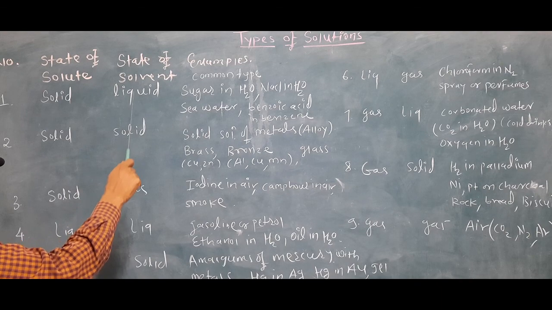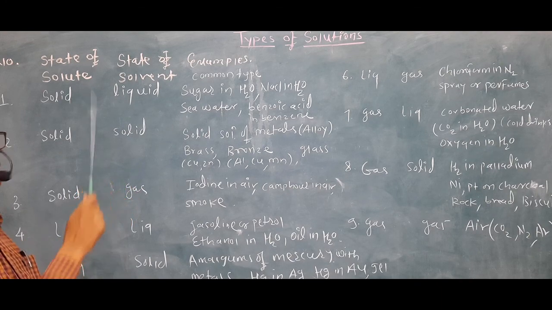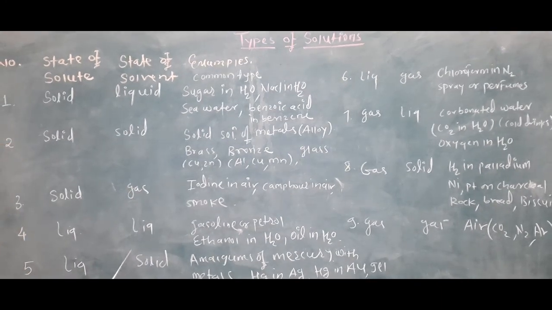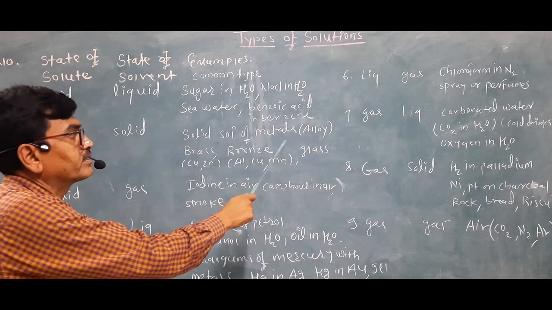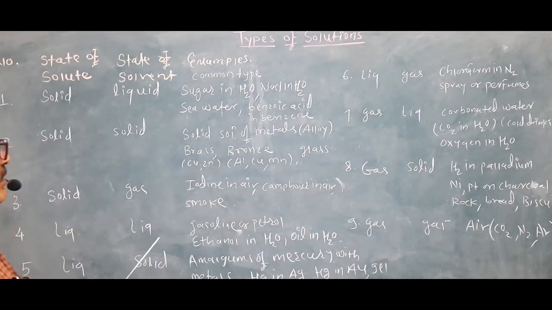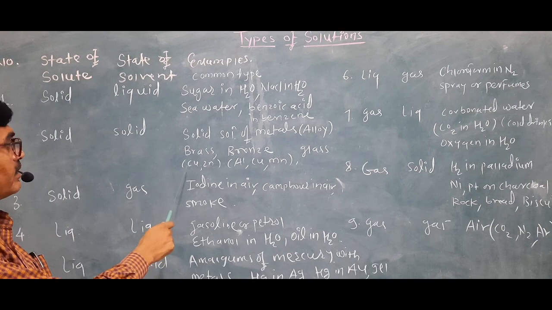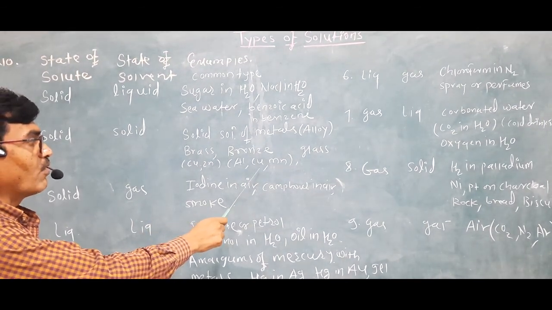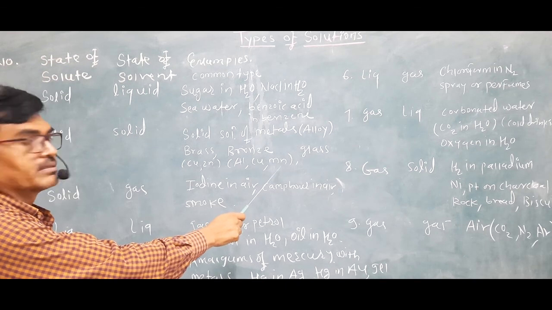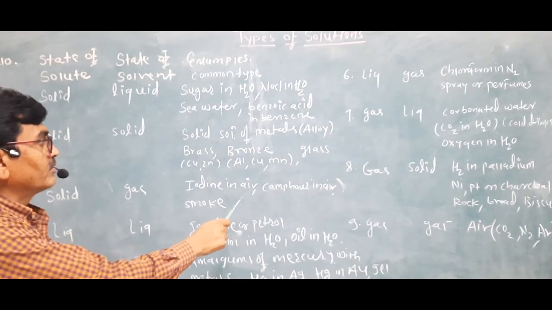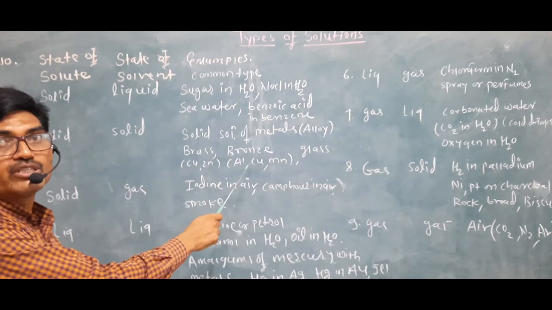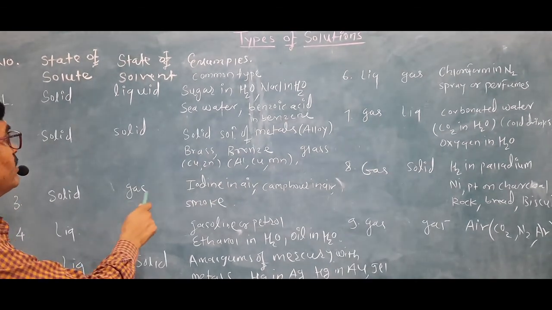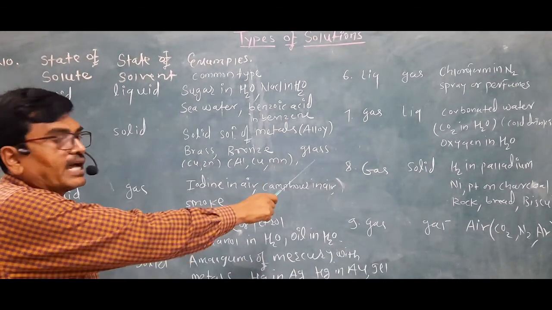solute dissolved in solid solvent. Both are solids. We know solid solutions of metals or alloys. We already learned brass, alloy of copper and zinc, bronze, and aluminium, copper with a small amount of manganese. These are examples of solid solutions. Solid in solid: alloys or glass.